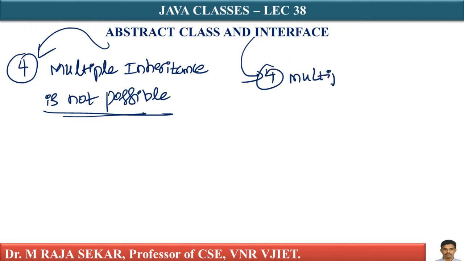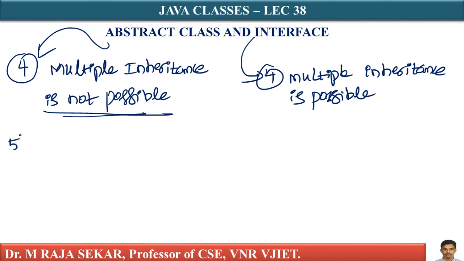Therefore, multiple inheritance is possible with the help of interfaces. I can implement multiple inheritance, whereas multiple inheritance is not possible with abstract classes.